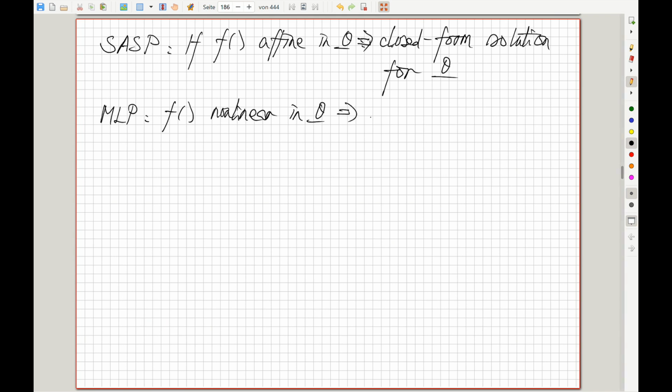We need iterative minimization. I'm going to talk about iterative minimization in the next lecture hour. The most popular method is called stochastic gradient descent. Good, that's case A.